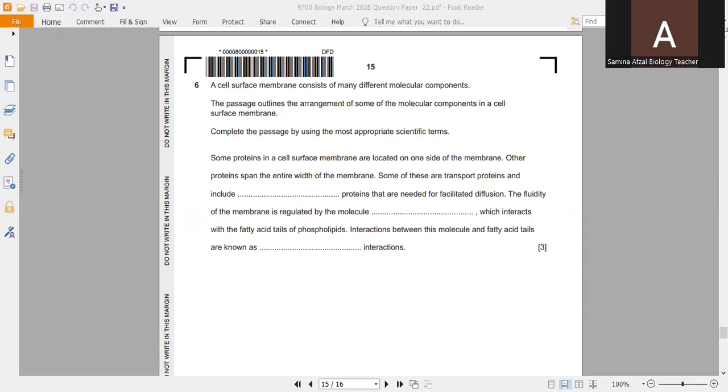proteins that are needed for facilitated diffusion, the channel proteins. So the word channel will be used over here. So these are the channel proteins that are needed for facilitated diffusion.